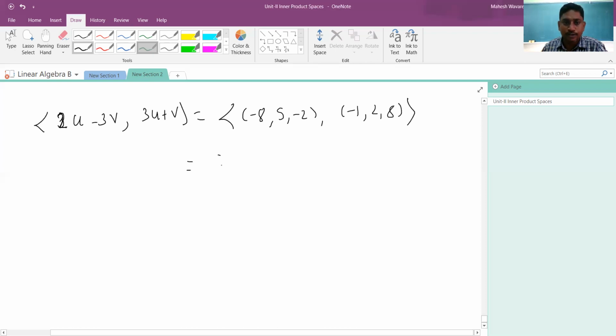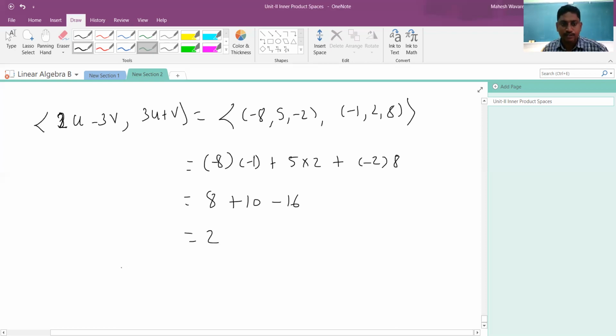So this inner product is -8 into -1, 5 into 2, -2 into 8. So it is 8 plus 10 minus 16. So the answer of the inner product of 2U minus 3V and 3U plus V is 2.